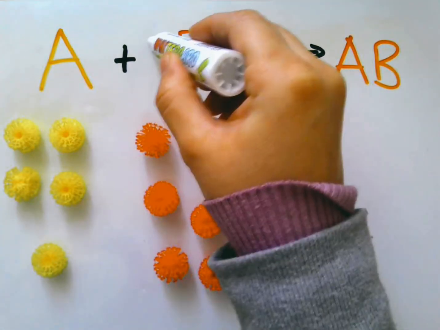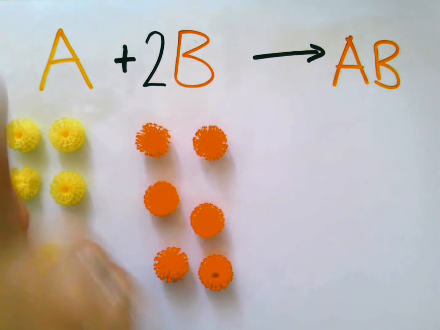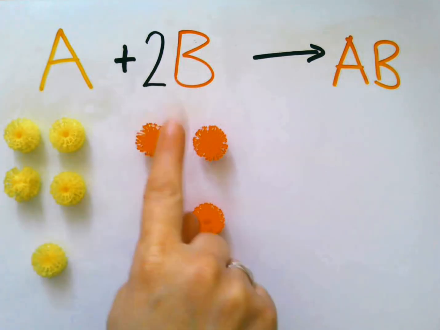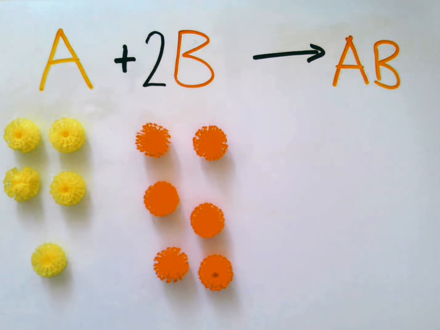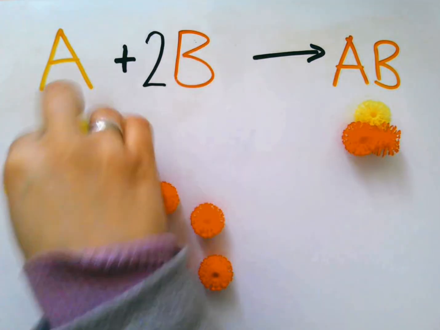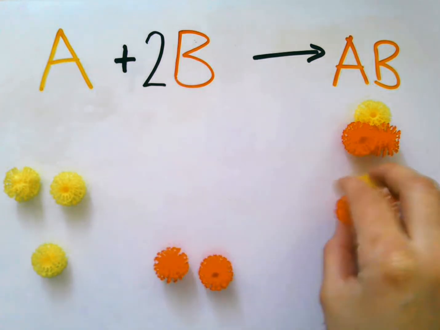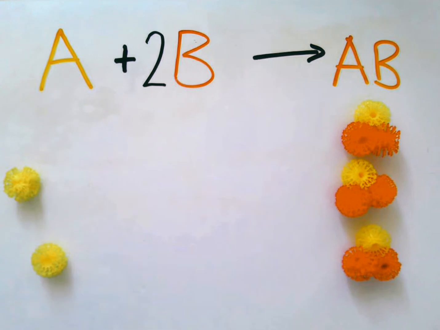Right, so let's say we have a different chemical reaction. Again, this is just a simplified version. But in this case, 1A reacts with 2B to give us 1AB. Right, so 1 of A is required for every 2 B's. So we have 1, 2, 3 products formed. Now I cannot continue because my B is finished.